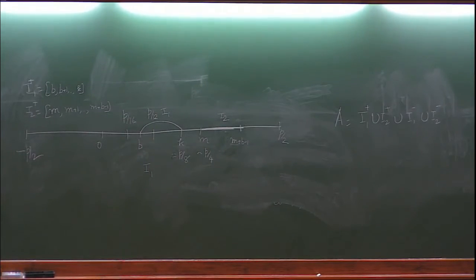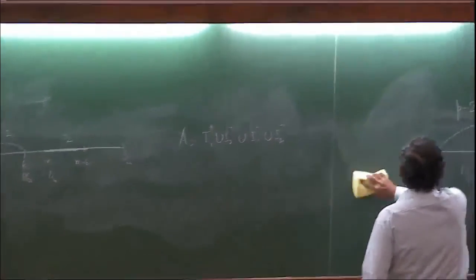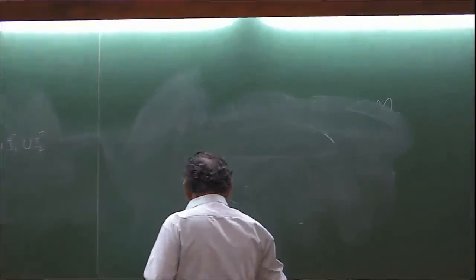Now I have to prove various things. First of all, I have to prove that this is sum-free, which I will leave as an exercise after a hint. And then I have to prove that there is no dilation which will put you between A and P minus A. To prove sum-free, we are not even going to look at the elements.